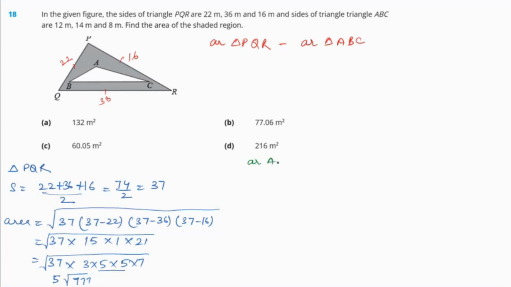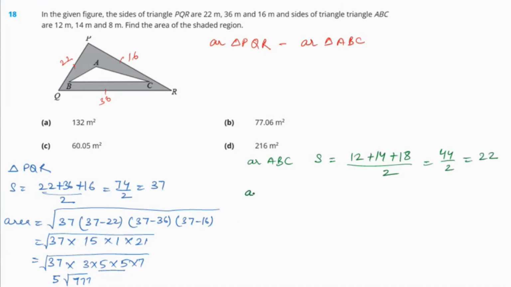First, we need to figure out the semi-perimeter, that is going to be (12 + 14 + 18) / 2. So that we are going to get 44. We will be getting 44 by 2, 22.